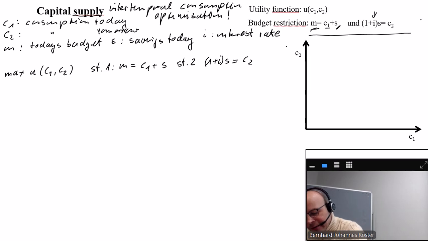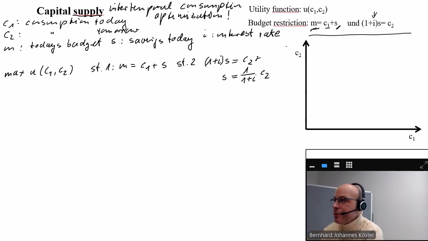It is already solved for C2, so let's solve this for S. Dividing by the interest rate factor 1 plus I, this means S equals 1 over 1 plus I times C2.